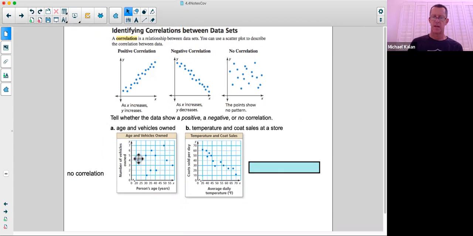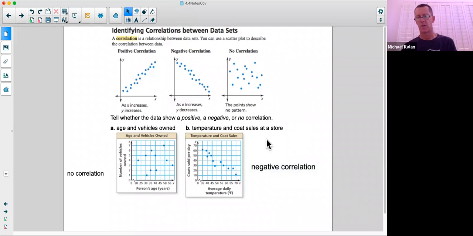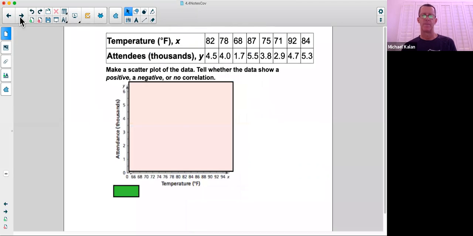Nothing that indicates that at all. What about temperature and coat sales at a store? It's a negative correlation, right? As it gets colder, what do you think happens to the number of sales? They go up, right? All right, awesome.